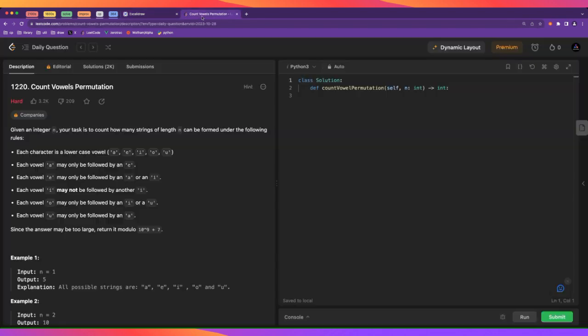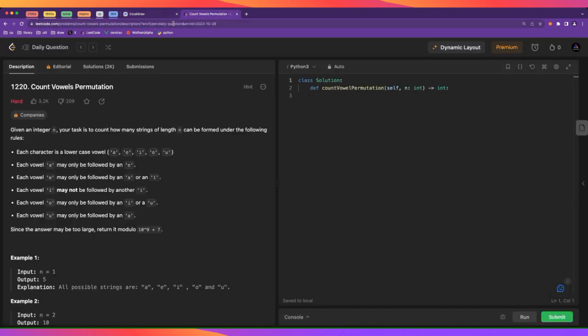So what are the rules? A may only be followed by an E, so from A we have an edge that goes to E only. It's a directed edge.